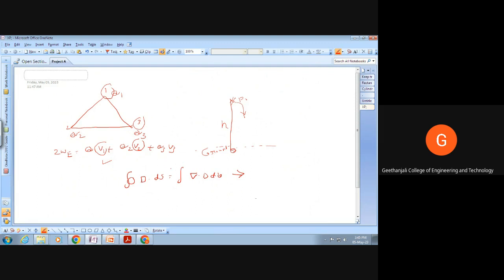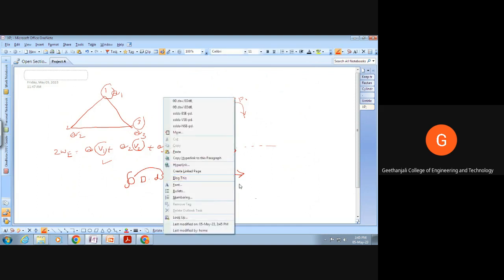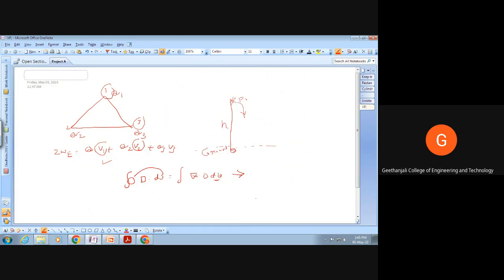Whenever there is a closed surface, it defines a volume. The relationship between the closed surface integral and the equivalent volume integral is defined by the divergence theorem. So when we have got integral del dot D dv, what is the equivalent surface integral? Closed integral D dot dS.